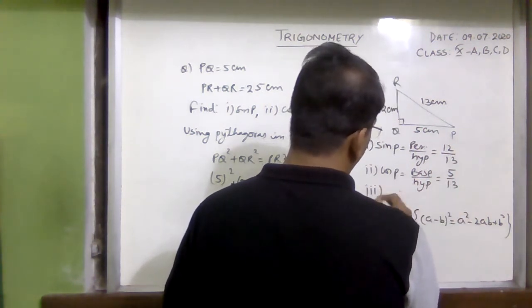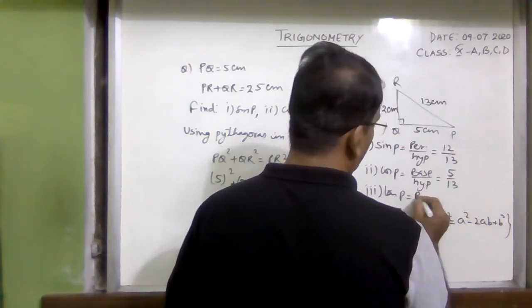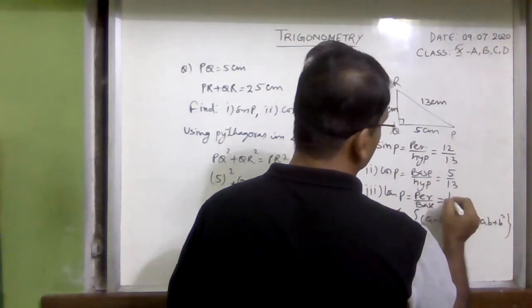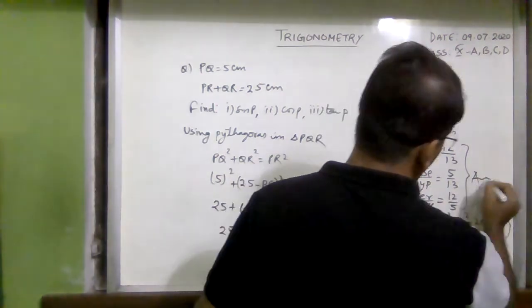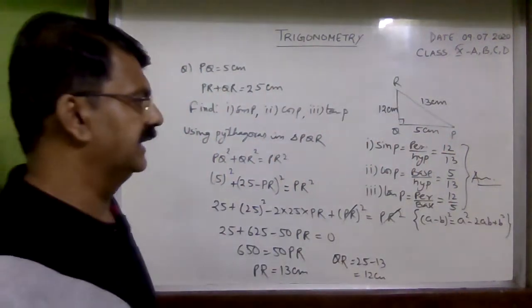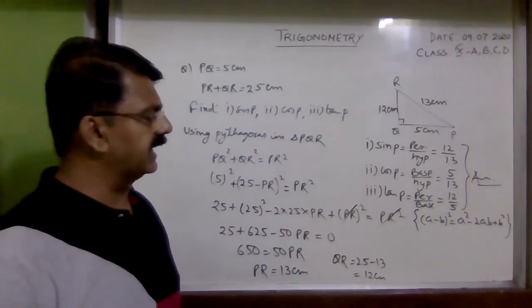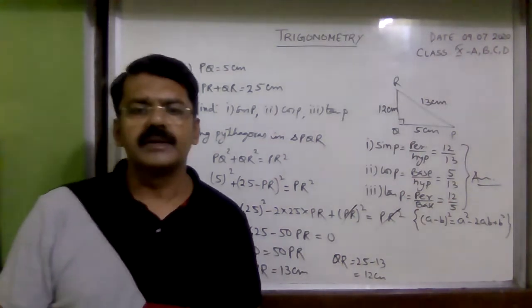And tan P is equal to perpendicular upon base, that is 12 upon 5. So this is the answer to all the three parts. Sin P is 12 by 13, cos P is 5 by 13, and tan P is 12 by 5. Okay.